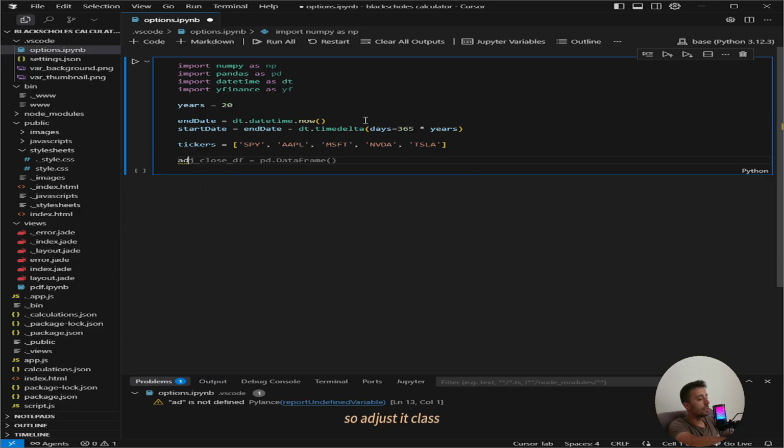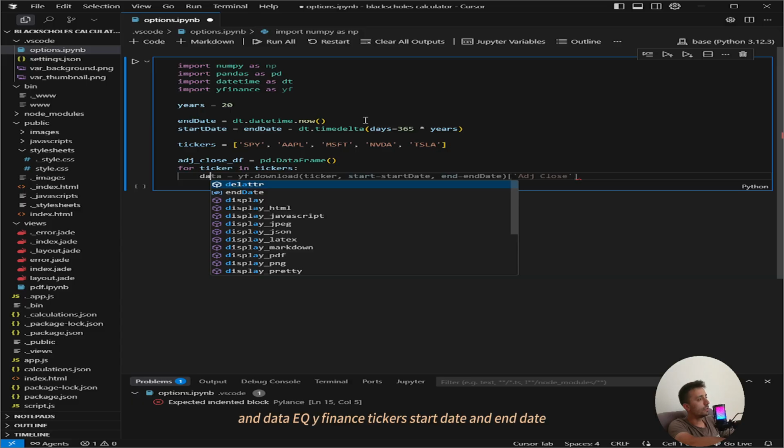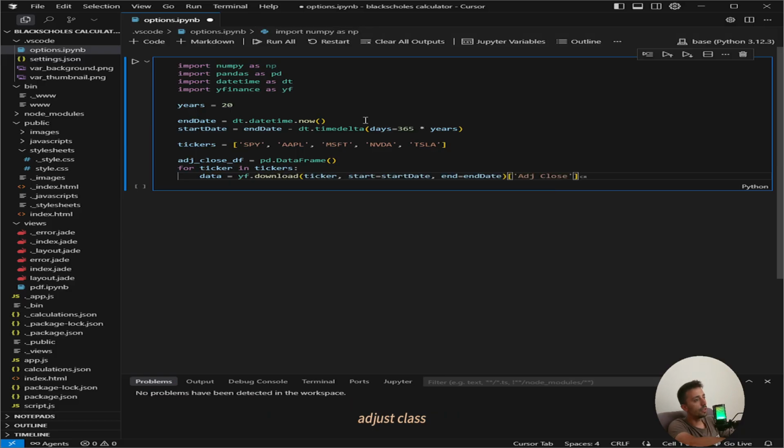We should have adjusted close data because normal price and adjusted close price have some differences, and the biggest difference is the dividend. For ticker in tickers, data equals yfinance download ticker, start date and end date, adjusted close.